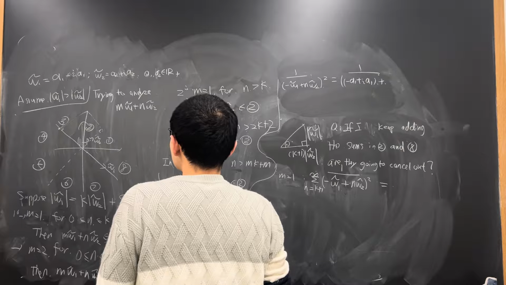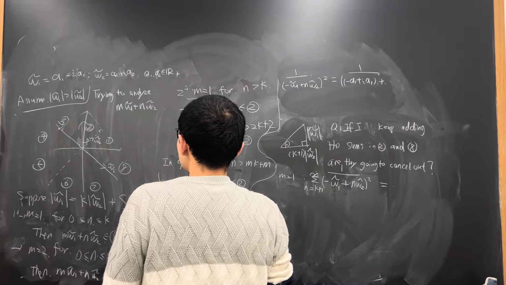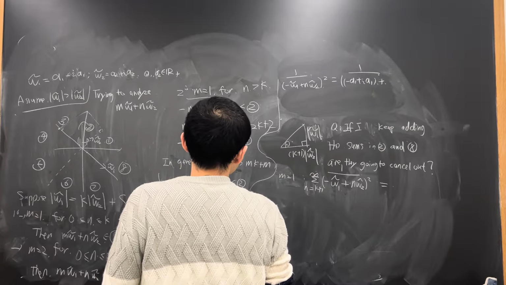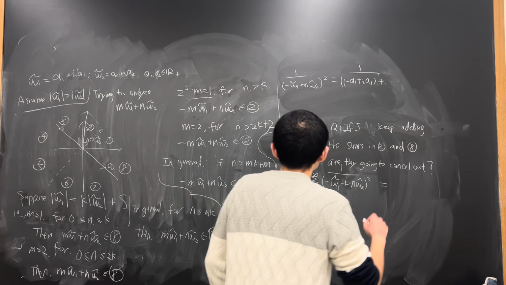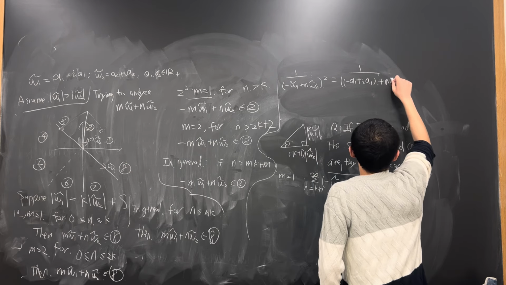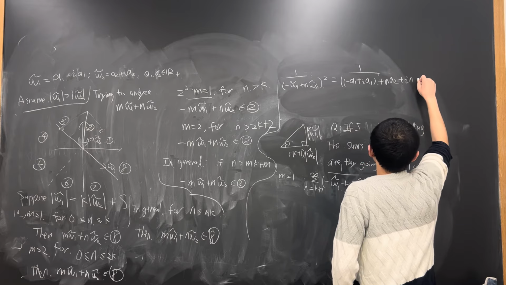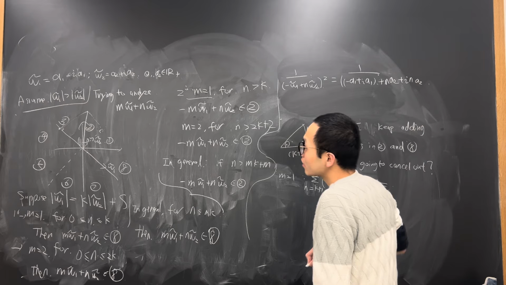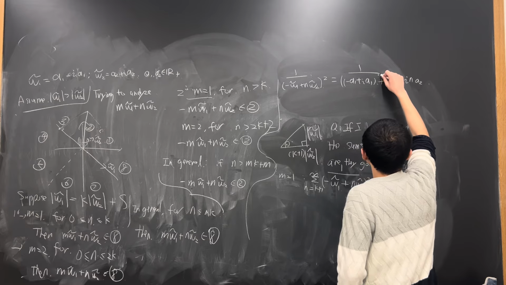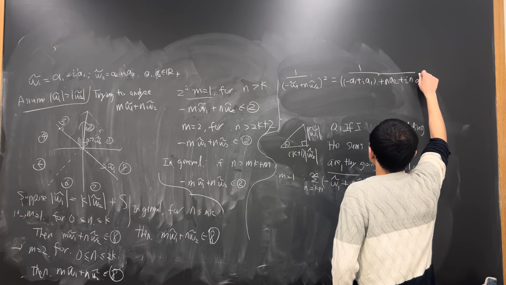N omega 2, right? So what is N omega 2? N omega 2 is exactly NA2 plus iNA2. Alright, and then the whole thing squared.